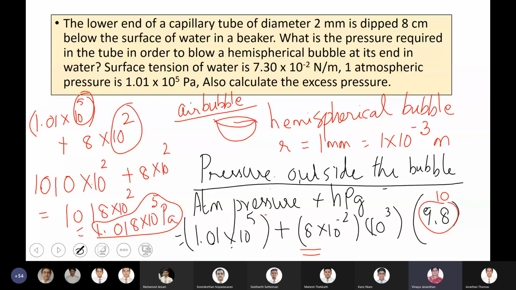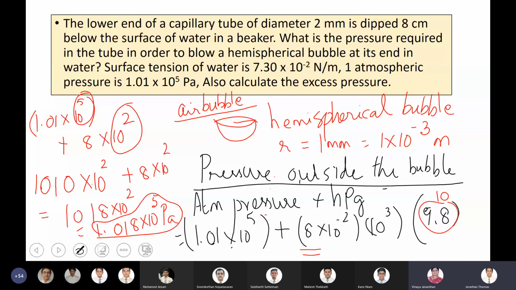Now, can you find the excess of pressure inside the bubble? This is an air bubble inside a liquid. Ma'am, when they're asking for pressure required in the tube, are they asking for the pressure outside or the pressure inside?